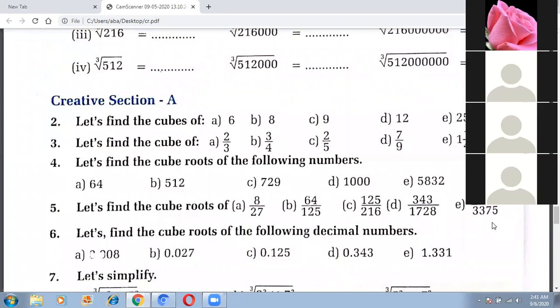Okay? Here is example number 1. You see example number 1. You do like this. Cube of 6 equal to 6 cube. 6 cube means 6 into 6 into 6 equal to 216.